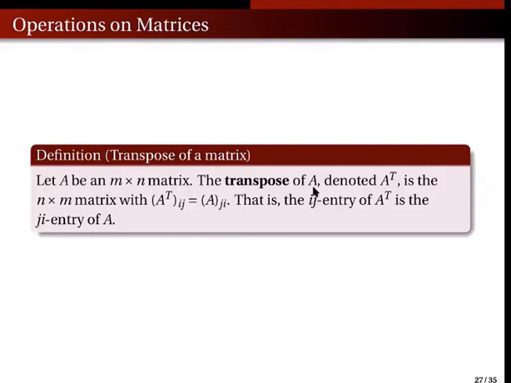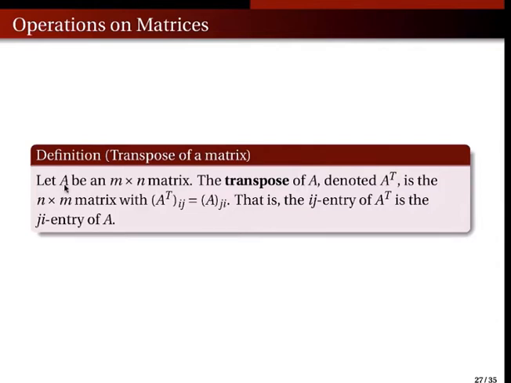The transpose of A, denoted by A with the superscript capital T, is the n by m matrix with these entries: the ij entry of A transpose equals the ji entry of the matrix A. That is, the ij entry of A transpose is the ji entry of A.